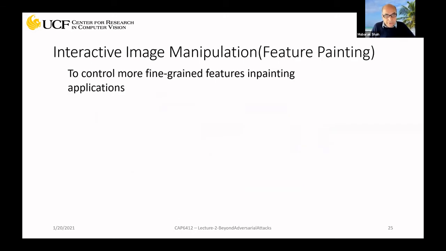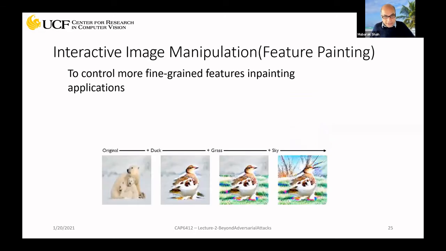Another thing we can do is feature painting. What does it mean? Let's say we have an image like this, and we want to make all the pixels belonging to this from the duck. We want to put that texture. Then we want to take all these ground pixels, the grass, and all the pixels here to the sky. We can do that.